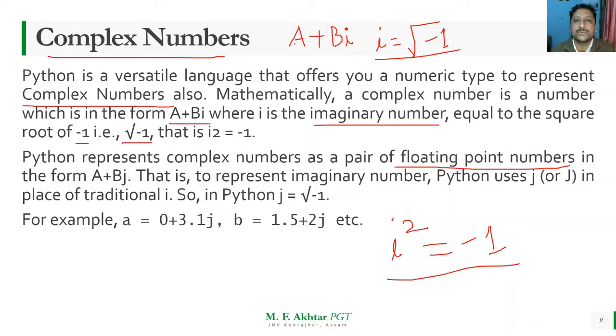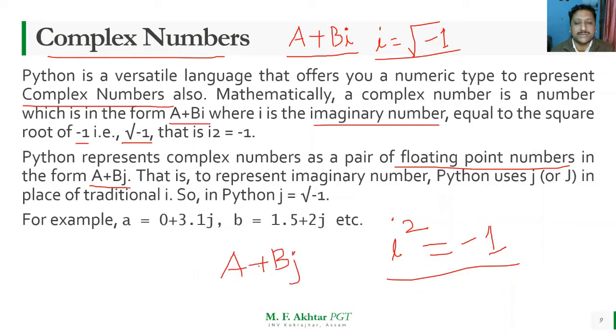Both the numbers a and b can be floating point numbers in the form a plus bj. In engineering and mathematics, we write complex numbers like this, a plus bi, but in Python we have to write j in place of I, so it is in the form a plus bj.